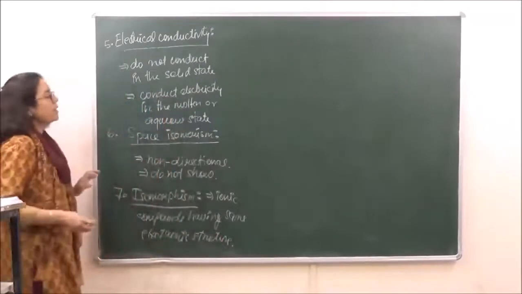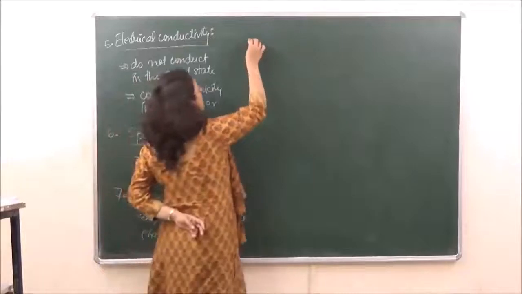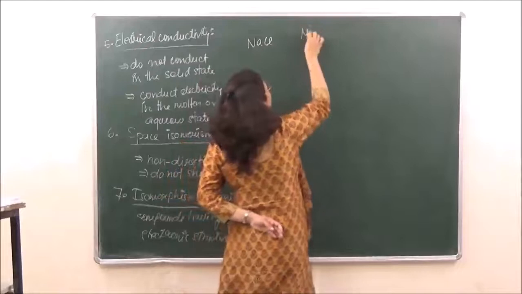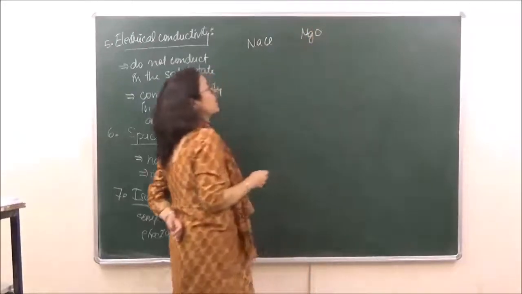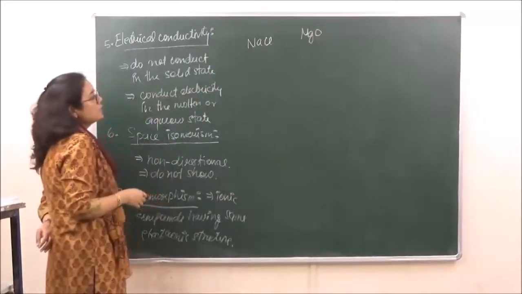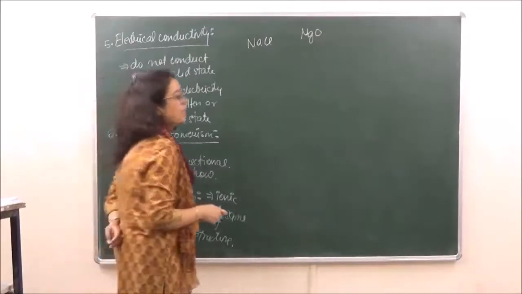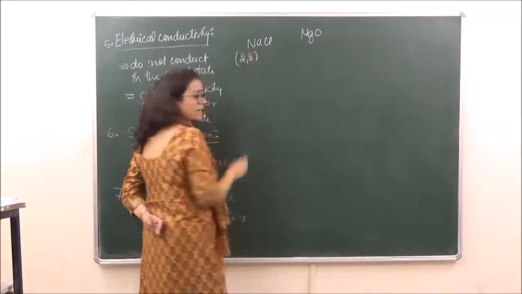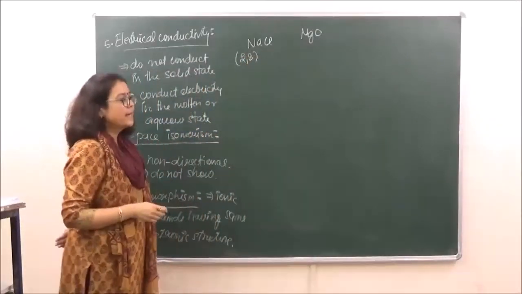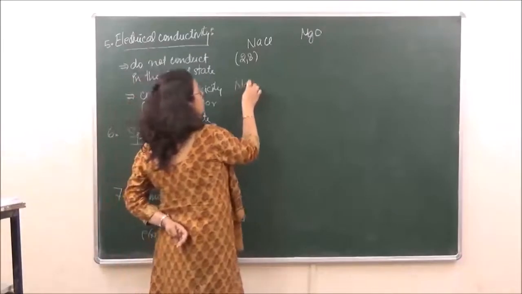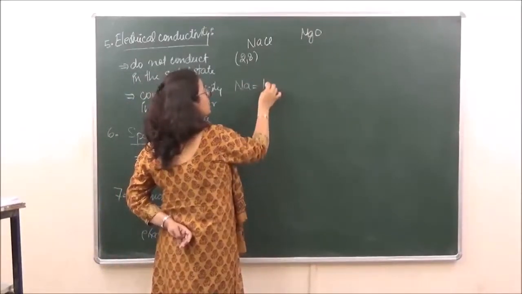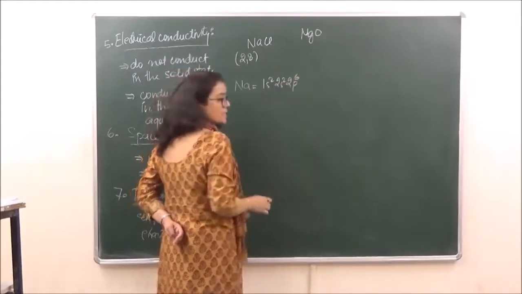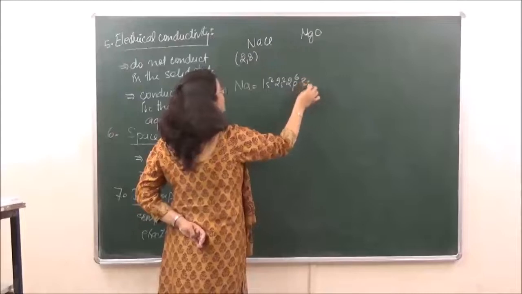Let's take an example over here. We're talking of two compounds, one is NaCl and the other one is MgO. Again, this concept is important from your examination point of view. The electronic configuration of sodium is 1s2, 2s2, 2p6 and 3s1.